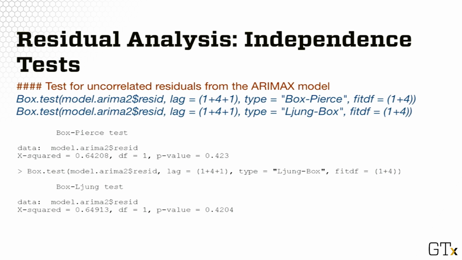Here we apply once more the test for uncorrelated data. Similarly to the ARIMA model without exogenous factors, we do not reject the null hypothesis of uncorrelated residuals when applying this testing procedure because the p-values are large.